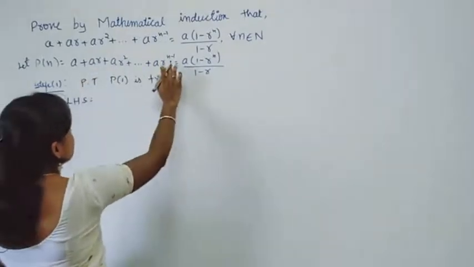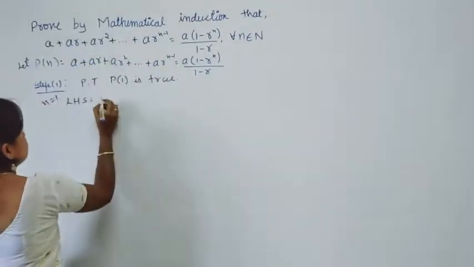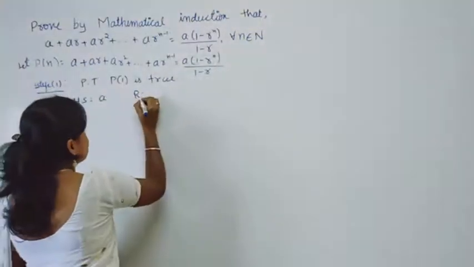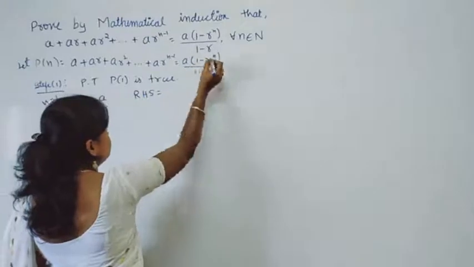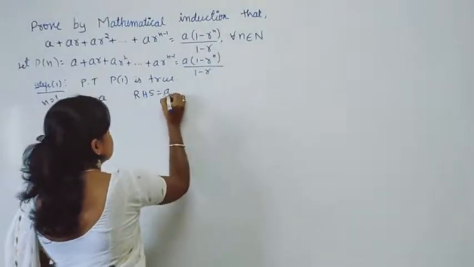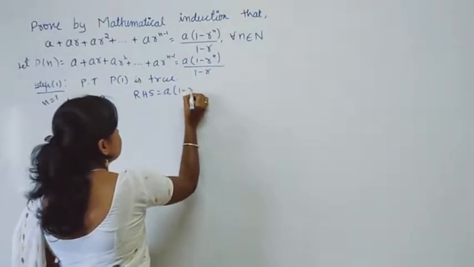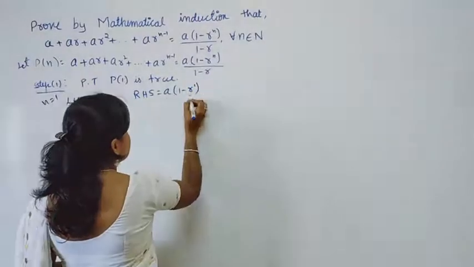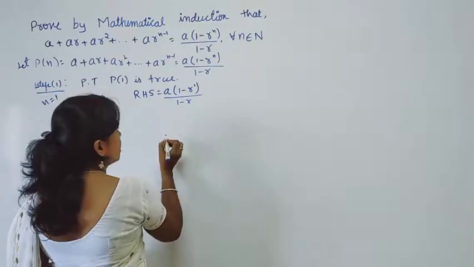When n is equal to 1, it becomes only one term. So the first term is a, right? So what does RHS become when n is equal to 1? Put n equal to 1. So this becomes a(1 - r^1)/(1 - r).